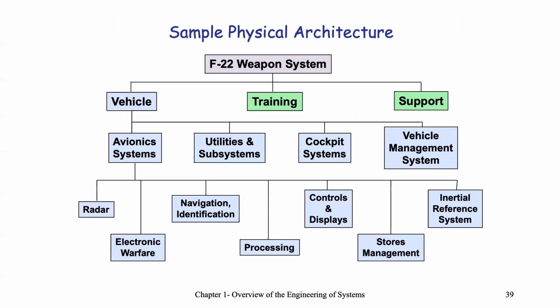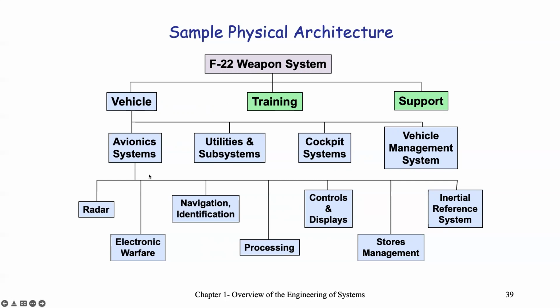So here is an example of a physical architecture. And so for a fighter jet, an F-22, the weapon system, you can see how there's three different parts that they're trying to highlight. You have the vehicle, you have training and support. You can see how the training and support aren't gone into in more detail here, but for the vehicle, we have a lot of different details that are focused on.